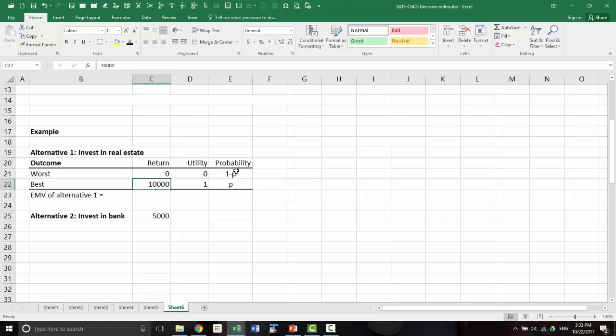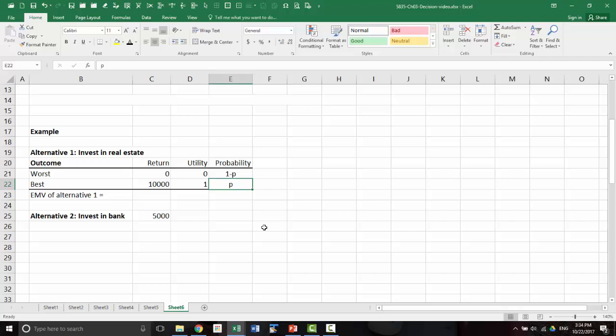Now somewhere between 0 and 1 for this probability, you will find that you are indifferent between these two. For example, if you are a risk averse person, then you probably would not settle for a p-value that is small. You may want the probability of success to be as close to 1 as possible.